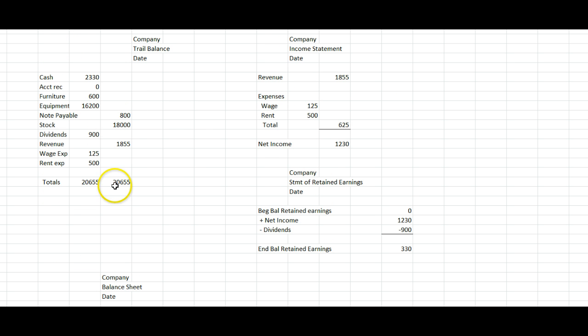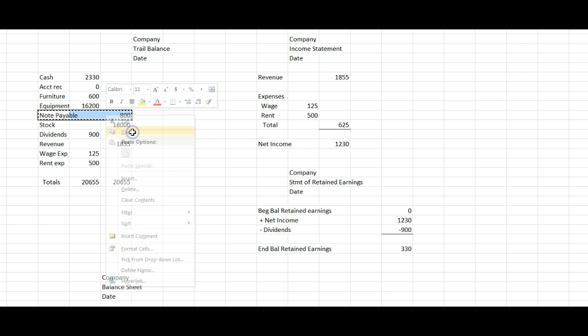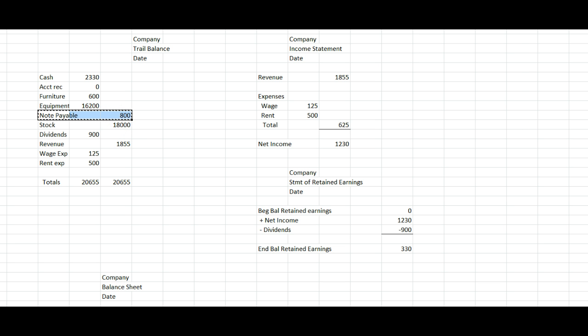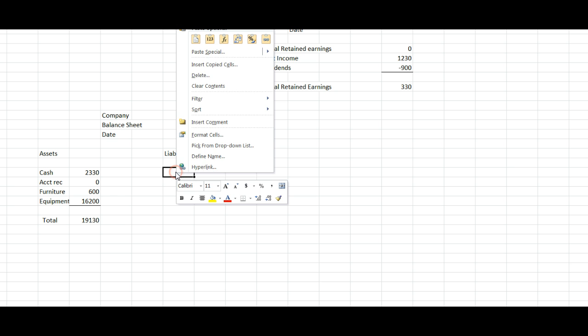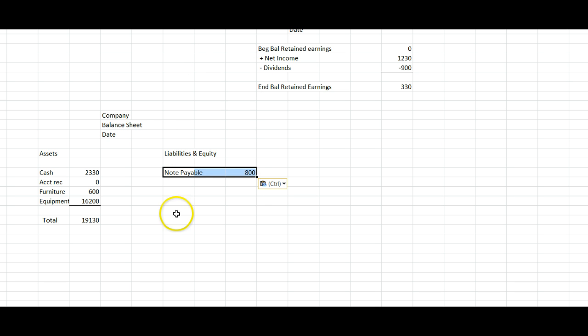Okay, now we have to take a look at our liabilities. Let's see what we have. Go back to the trial balance. It looks as though our only liability is notes payable. So I'm going to copy that down here under our liabilities. Okay, normally I add them up, but there's only one, so I'm just going to leave it at that.